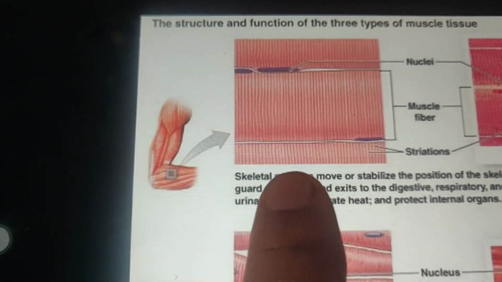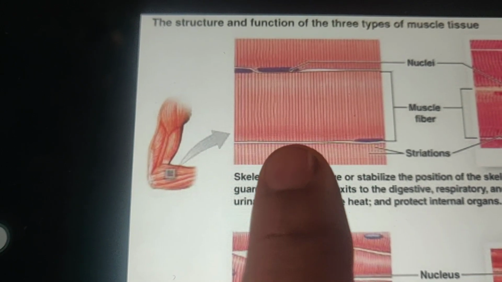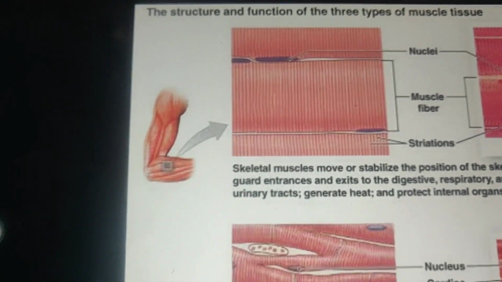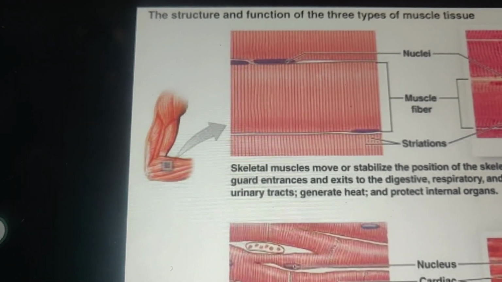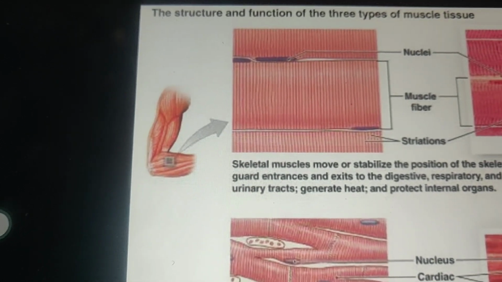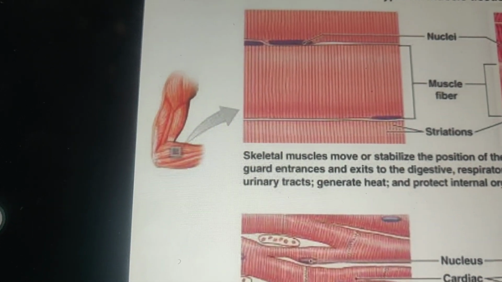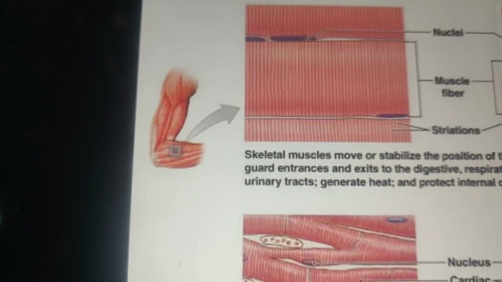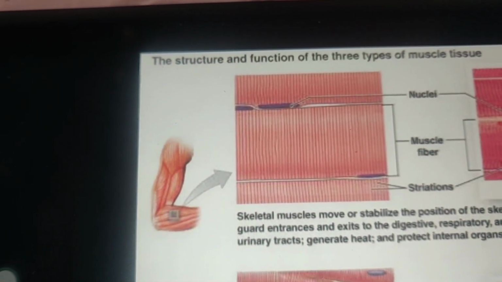These are voluntary muscles, called voluntary because the contraction is under our control. Next, the cells which are present inside.